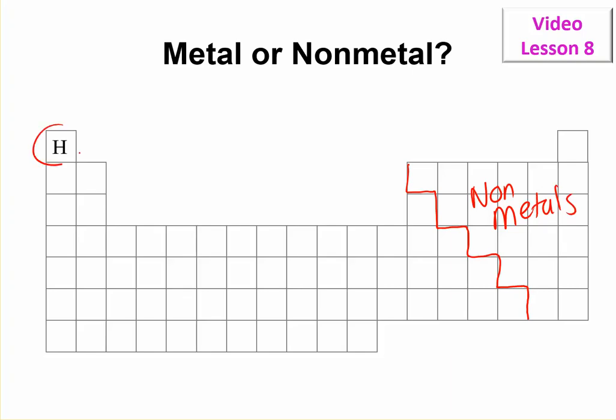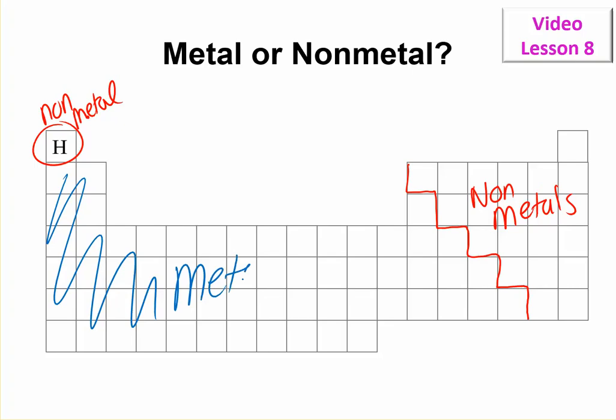And of course, hydrogen is a nonmetal as well. The metals are all of this. Most elements are metals, even though most compounds are made from nonmetals. So this lesson in covalent bonds is really important, because most of the molecules in the world have covalent bonds.